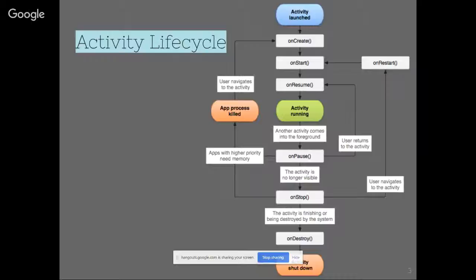When you finish using the other app or you finish your call, the events onRestart, then onStart and onResume will be called. So this is very interesting. When you click the back button or you finish the activity, the onPause, the onStop, and onDestroy will be called in that order.